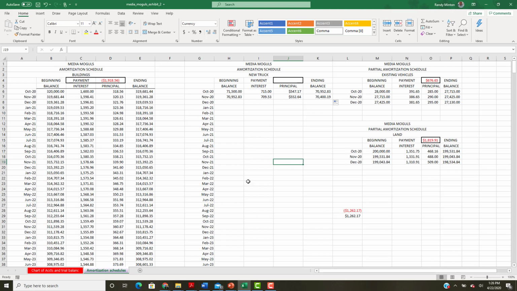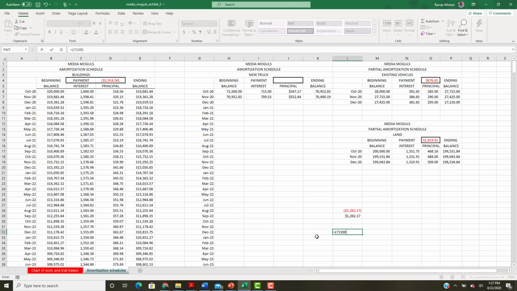In terms of the depreciation, I'll just do it quickly and show you what you would do on depreciation. Now on the new truck, and you'll have to do this probably for your others as well, but on the new truck, you have 71, now I'm going to put this in parentheses, a 71.5.